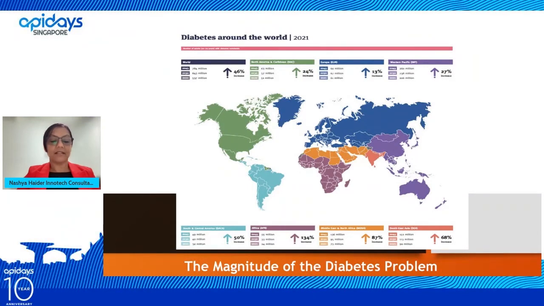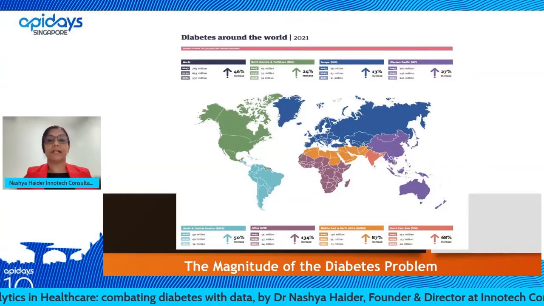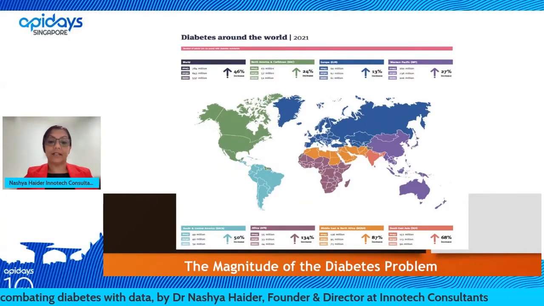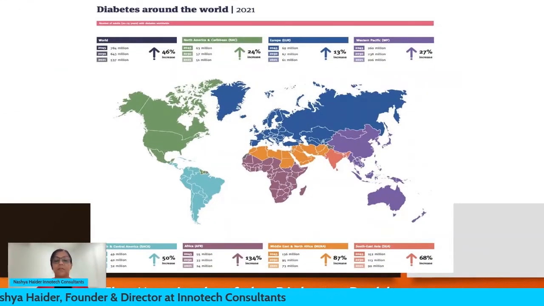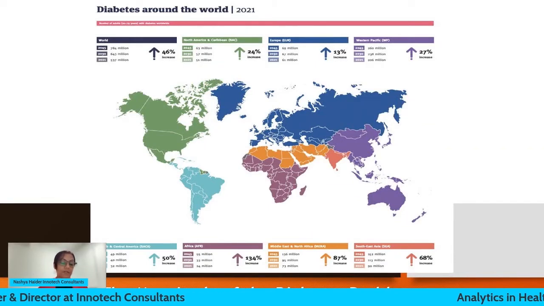Both the number of cases and the prevalence of diabetes have been steadily increasing over the past few decades and is one of the leading causes of death in the globe. 1 in 10 adults around the world are currently living with diabetes, and the total number is predicted to rise to 643 million by 2030 and to 783 million by 2045.